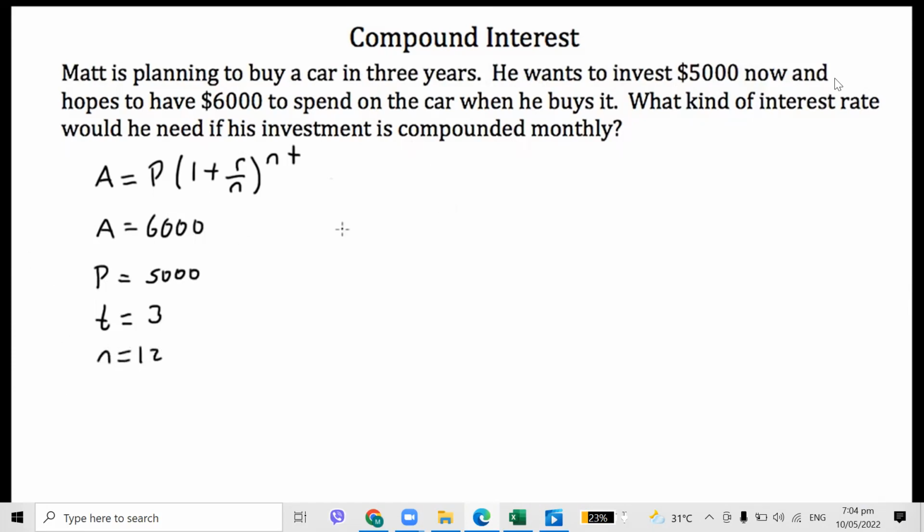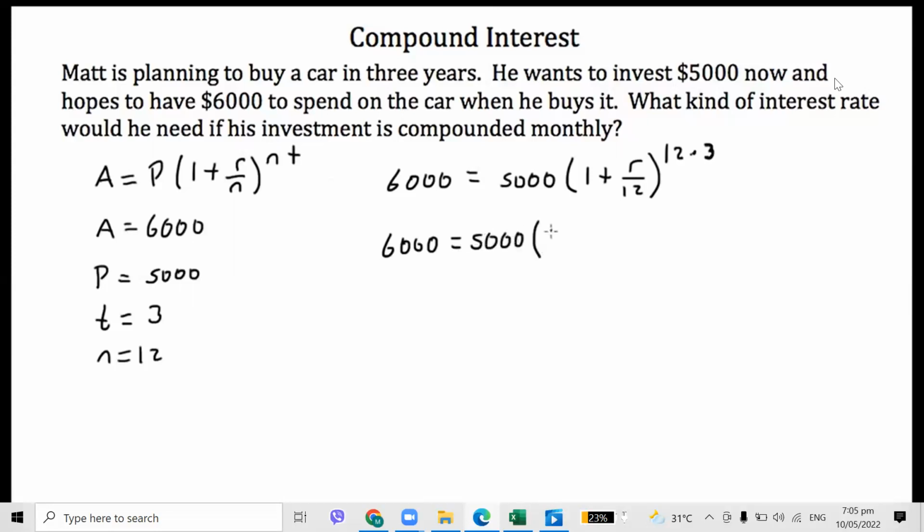Plug all this in, and we end up with 6,000 is equal to 5,000 times 1 plus r, which is what we're looking for, over 12, because n is 12, to the 12 times 3 power, because time is 3 years. So we have 6,000 equal to 5,000 times 1 plus r over 12 to the 12 times 3 power, or the 36th power.